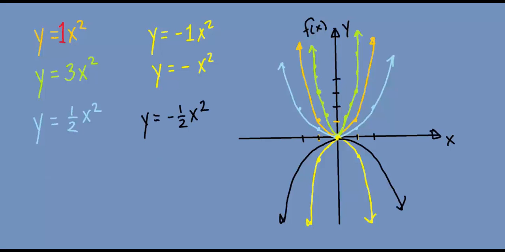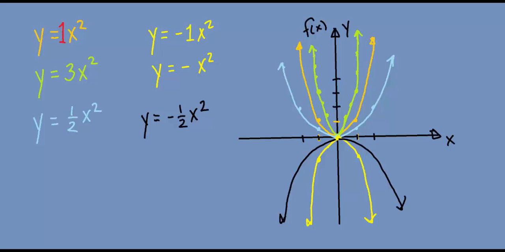And that's it. That's the final tweak you can make on our basic parent parabola, or quadratic, in order to change the way the parabola looks. So now we know how to move the parabola around by moving its vertex, like over 7, up 3. And we know how to flatten it out or reflect it vertically, or stretch it narrower. So notice that the number being multiplied out in front, let's look at the 3 here, that number is not being squared, right?